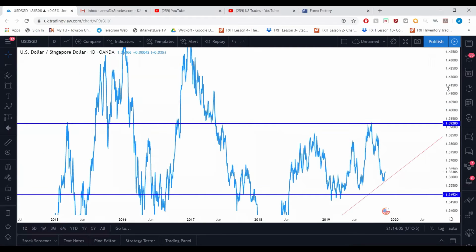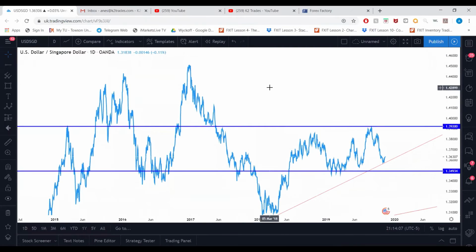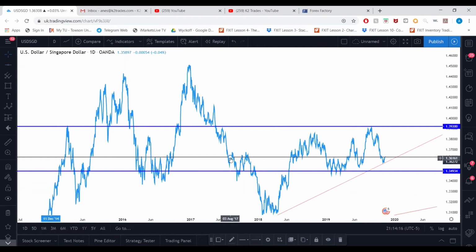Are you in a buy on this pair? USD against Singapore dollar? Oh, but it does have this resistance. Actually, that would be support. Not yet looking at it though. Okay, cool.